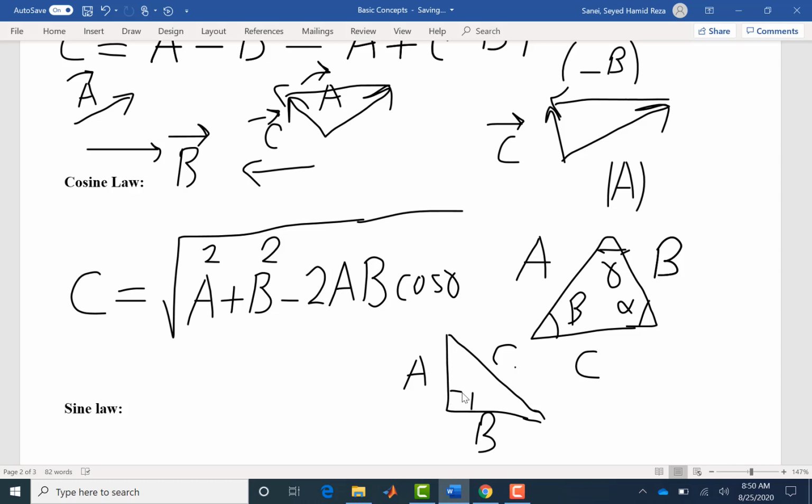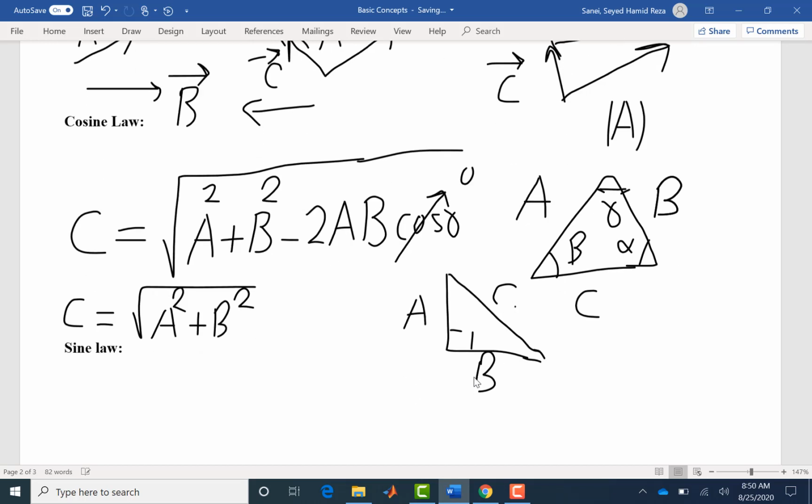What is cosine of 90? It is 0. So you can see that this reduces to the Pythagorean theorem. But cosine law is the more general rule.